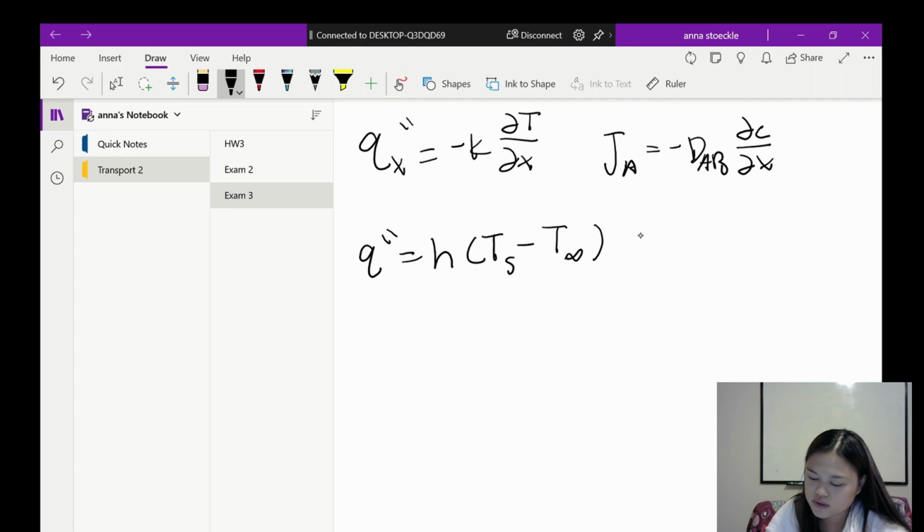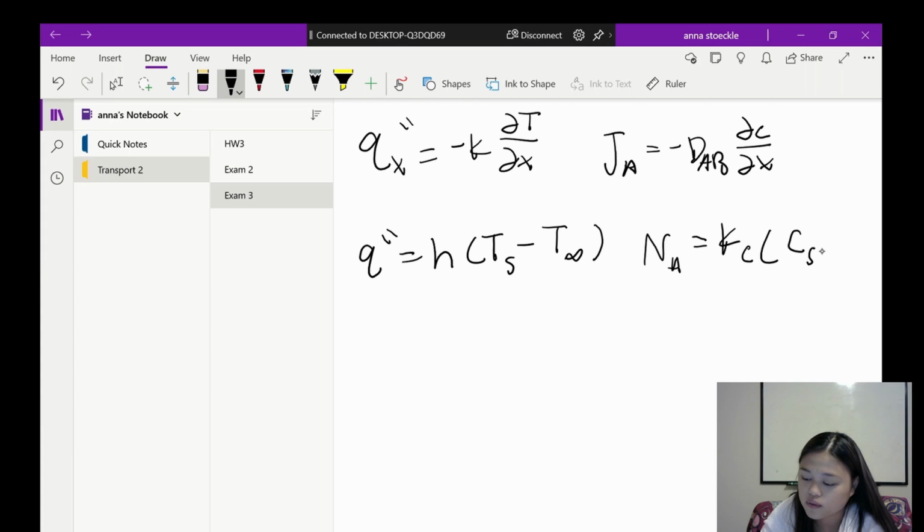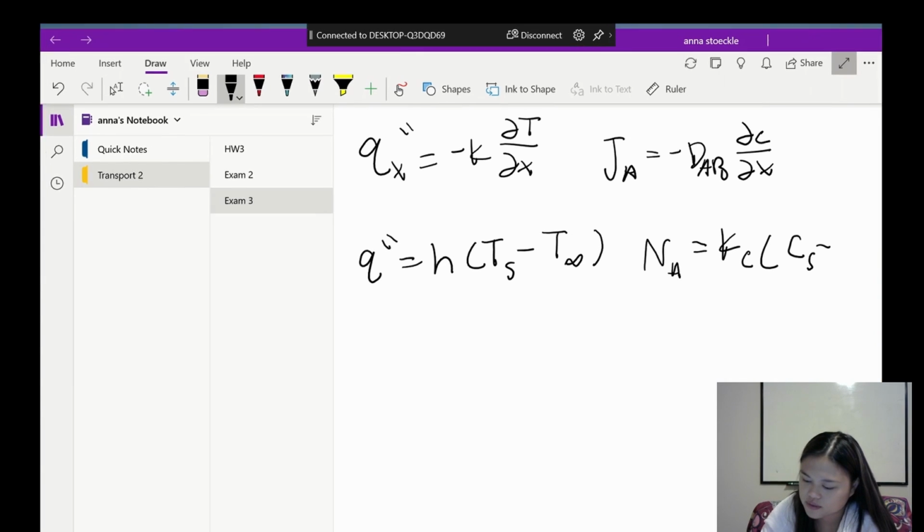And now similarly, we have mass flux, for the mass coefficient and this concentration difference from the surface and then far away. Let's make this bigger.